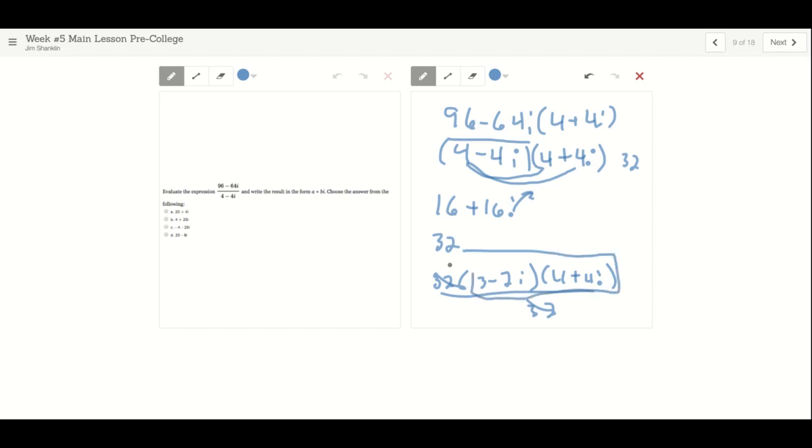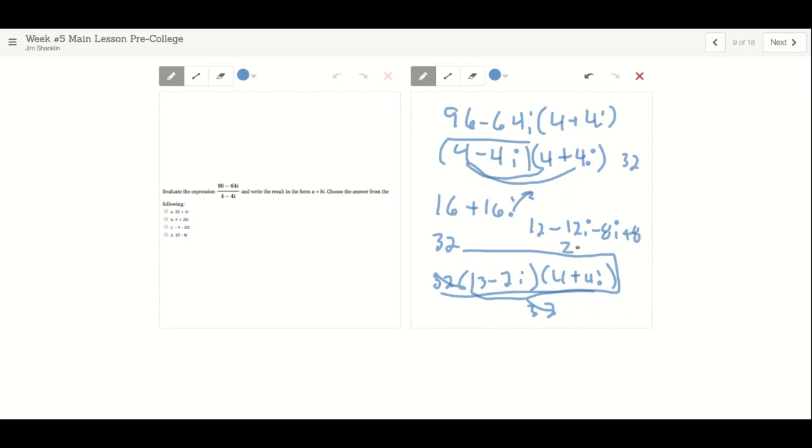Now, oh yeah, they made us multiply it out. Yikes. All right, I can do that. That's not a big deal. If I multiply this out, I end up with 12 minus 12i, and then minus 8i, and then negative 2 and 4, so that's going to give me negative 8i squared, which is plus 8.